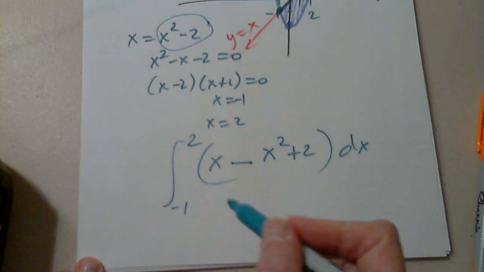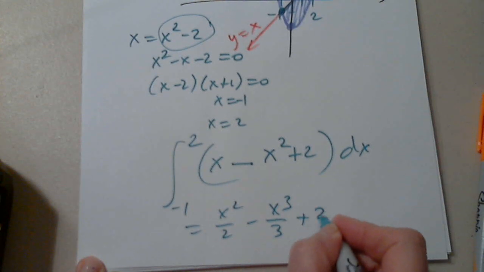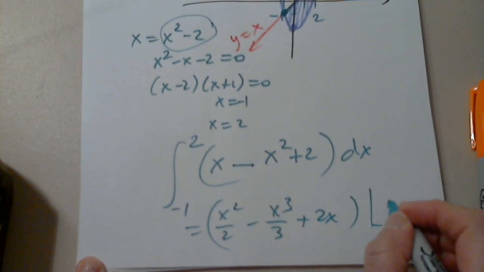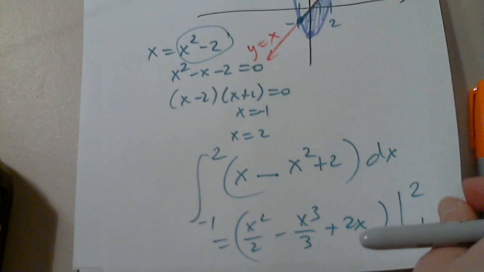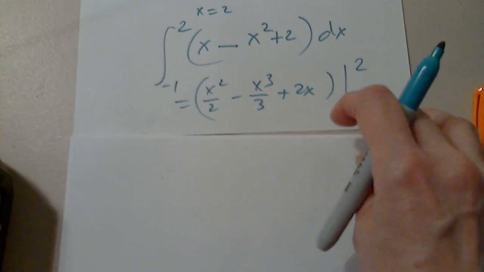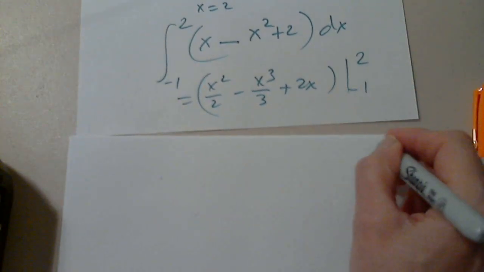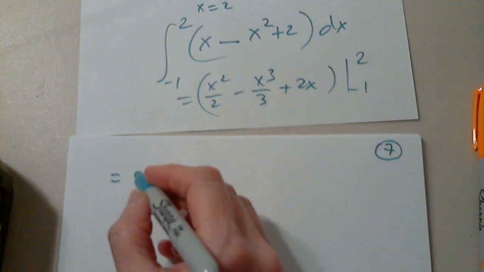Perfect. So it's x squared over 2 minus x cubed over 3 plus 2x from -1 to 2. So we plug in 2 first, and then subtract when we plug in -1. When I plug in 2, 2 squared is 4, over 2 is 2.